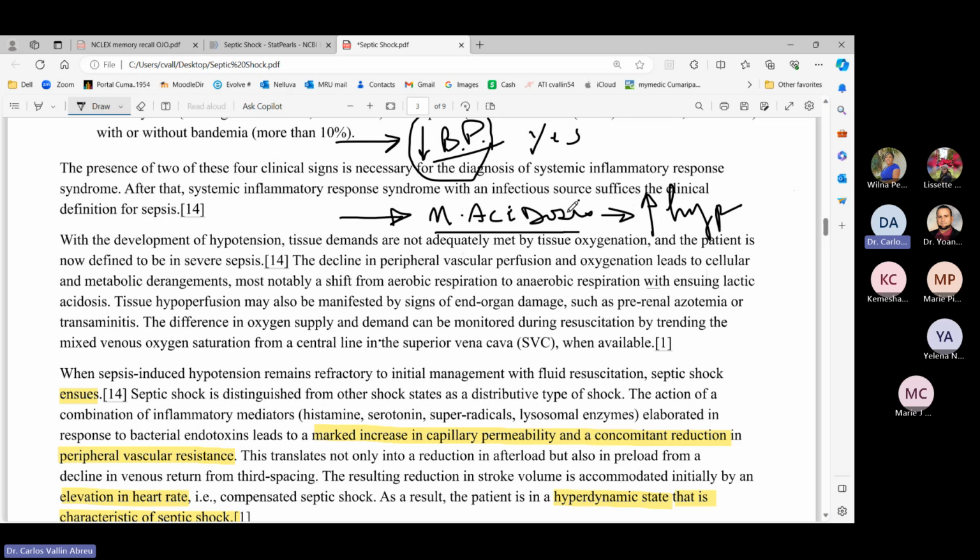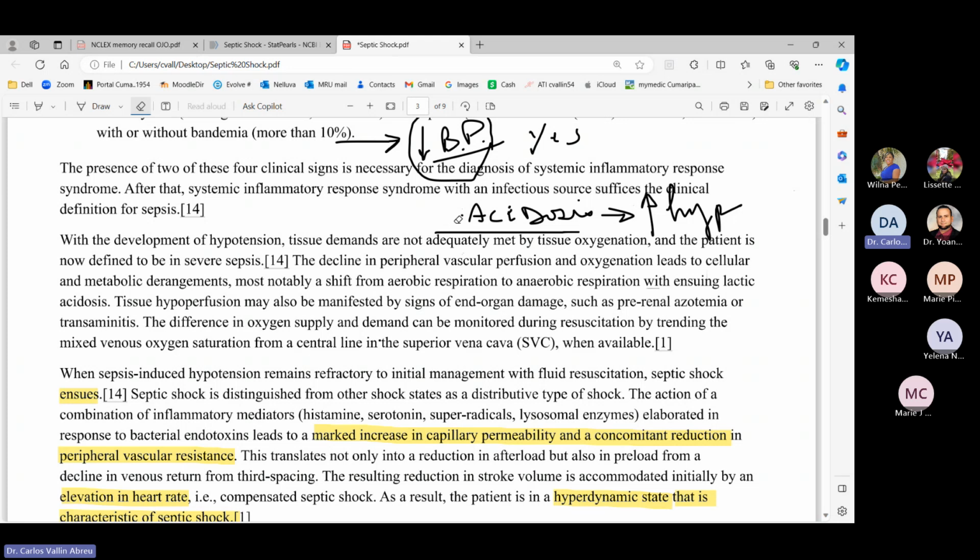The elevation of lactic acid in these real-life clinical scenarios, somebody with any infection, defines that the client is having a systemic inflammatory response syndrome with impairment of oxygenation.